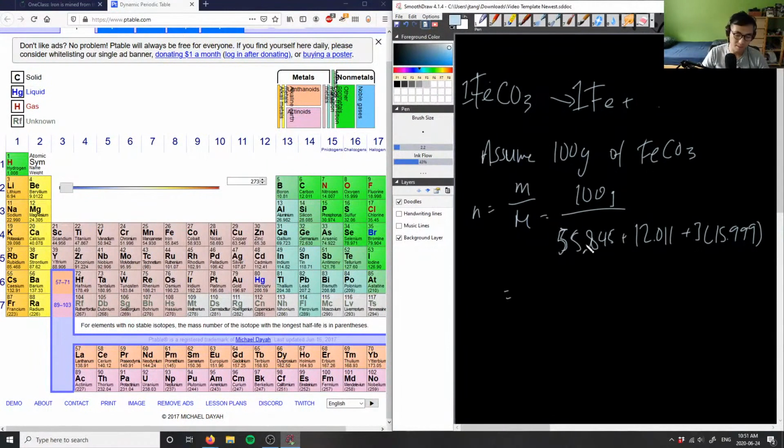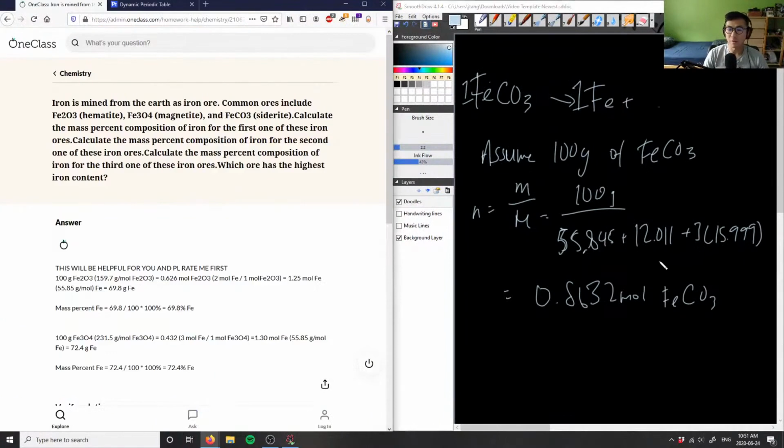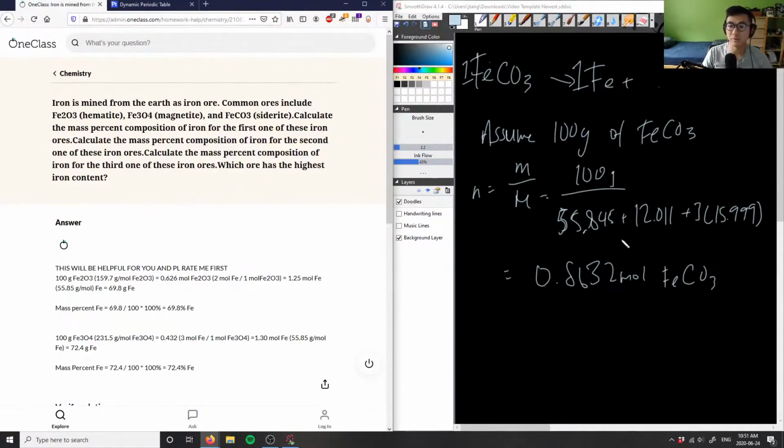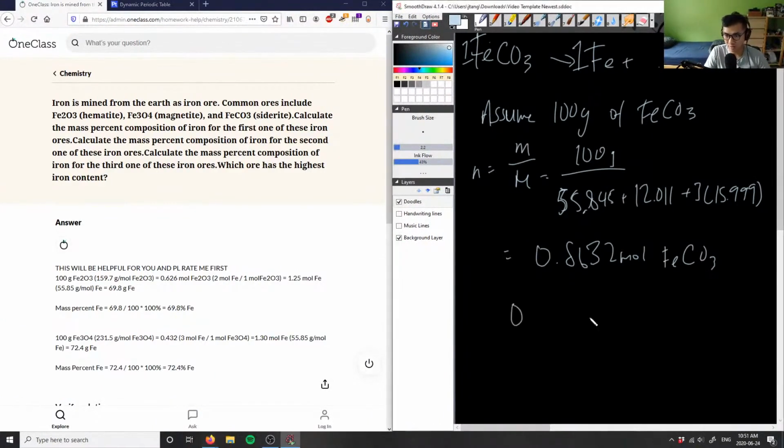My writing's become messier. This gives us a value of 0.8632. This is moles of FeCO3. And we already assumed that this is a 1-to-1 ratio, so we can also assume that this here is also 0.8632 moles of Fe.